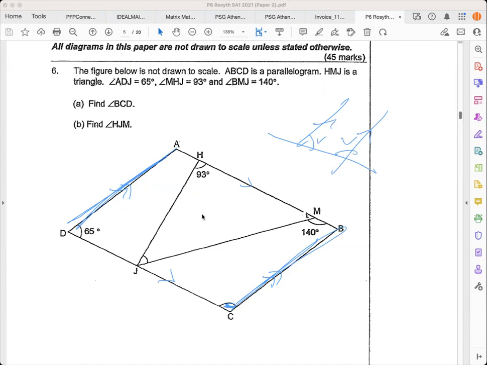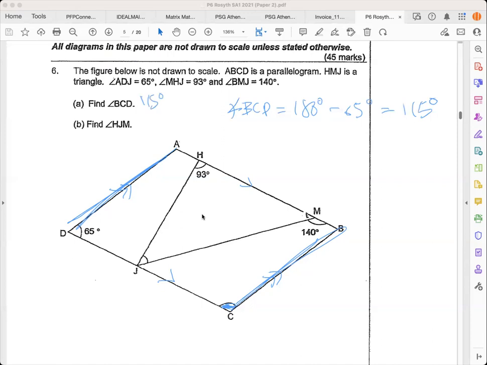So therefore, 65 degrees plus BCD, which is this one, will add up to 180 degrees. So angle BCD must be equal to 180 minus 65. Answer is 115 degrees. So this is 115.